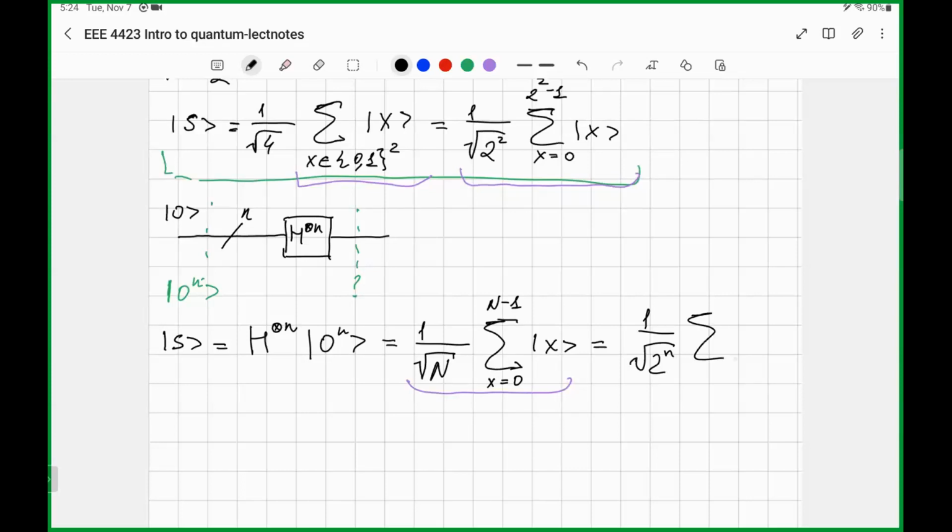And the summation for x, that is all possible combinations of zeros and ones with the length n.